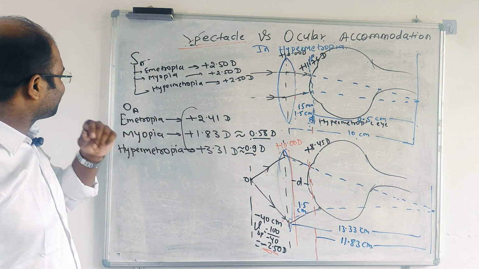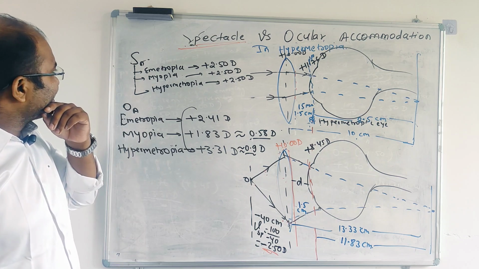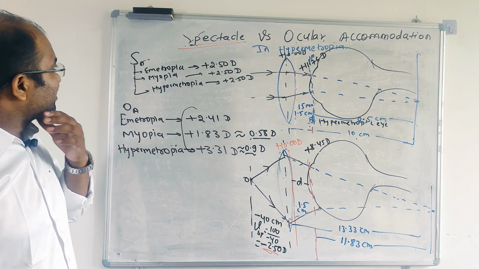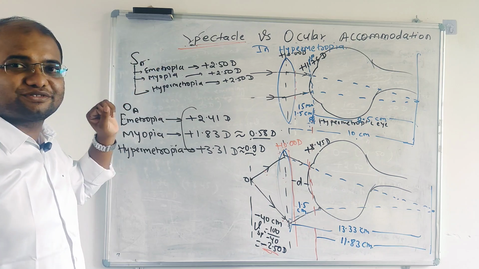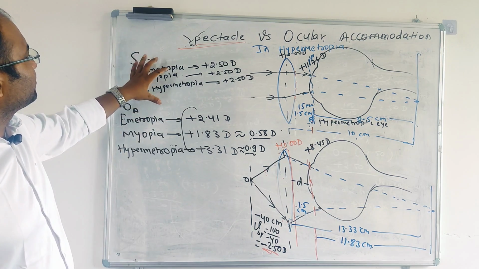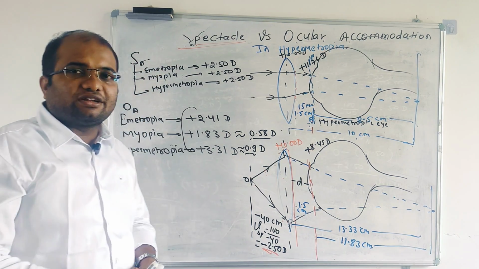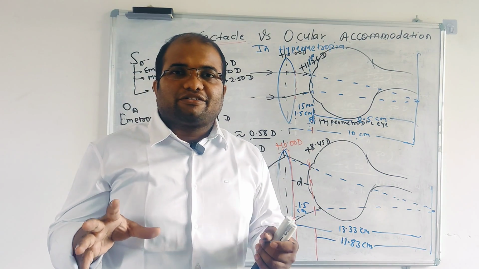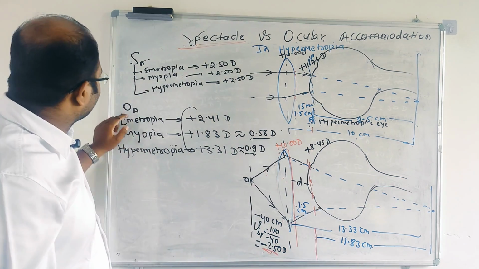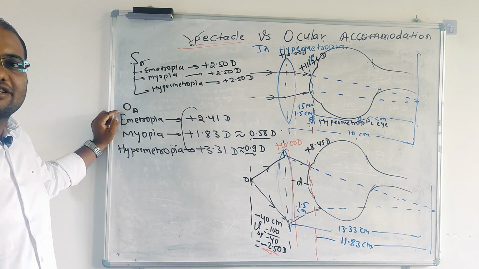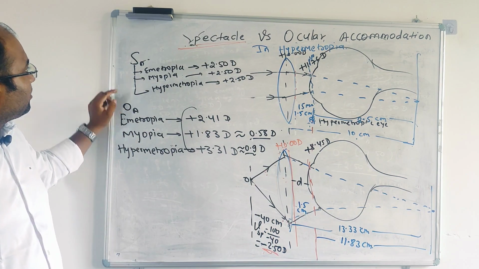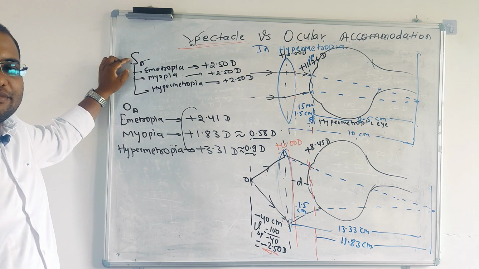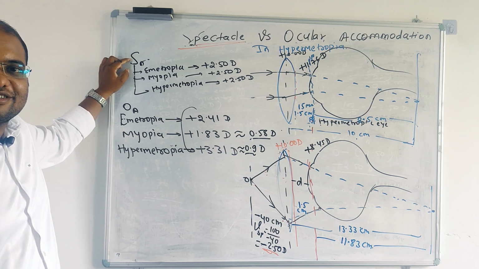I don't know why it has been taught that way, and because of this most students get confused, right? So don't get confused with this spectacle accommodation. You can imagine it like this: this is considered to be your wife, and this is considered to be your imaginary girlfriend, who really doesn't exist.